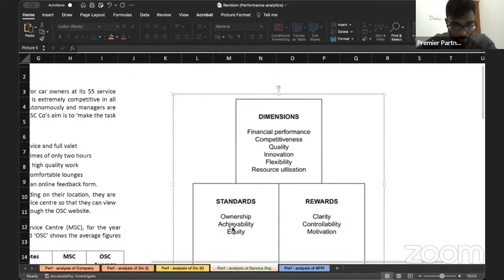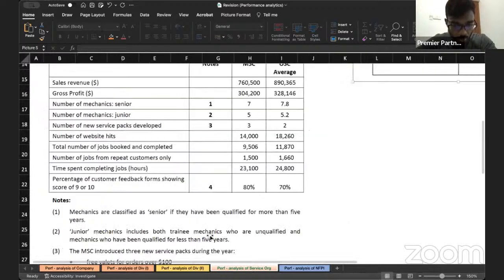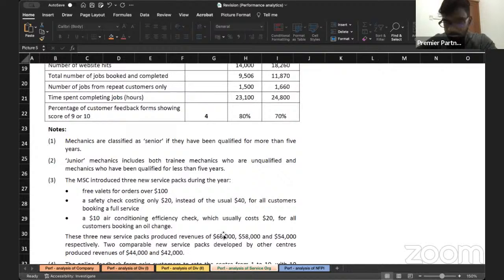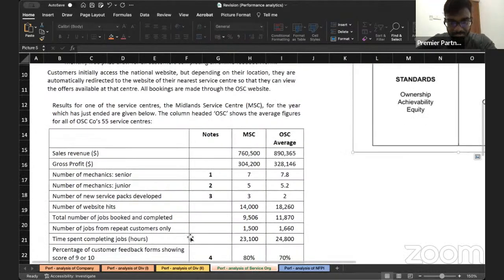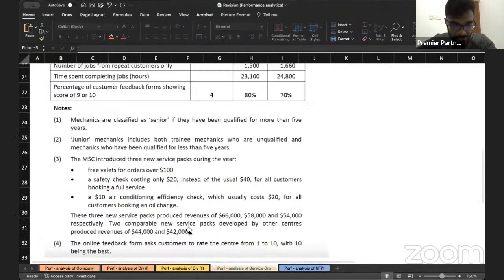People, we can talk about these revenues. So revenue from the innovations have been 66, 58, 54. Out of total revenue, you can add these three up and take the percentage. So here they have average sales revenue. You can take these two, add them up, and take that as a percentage of this value.